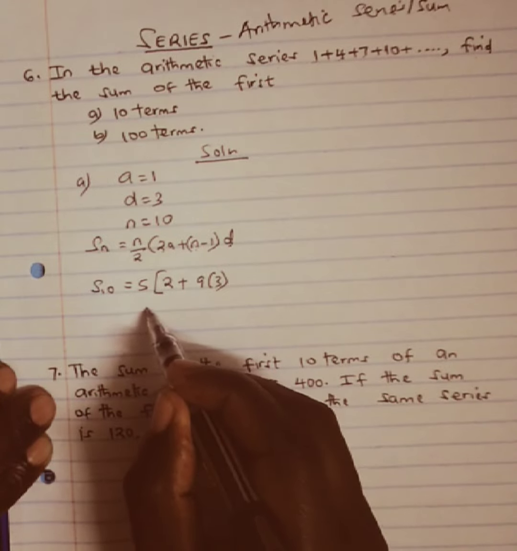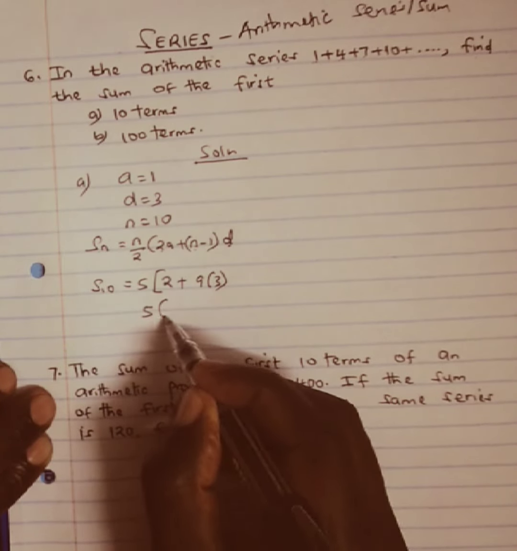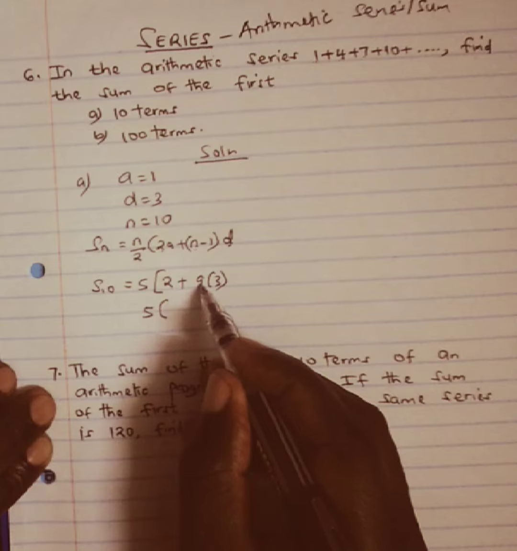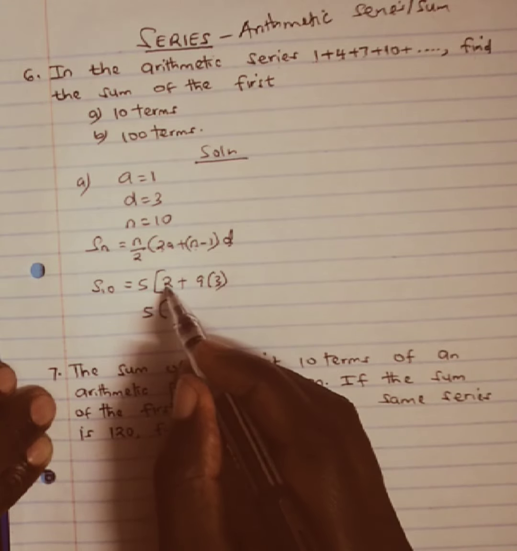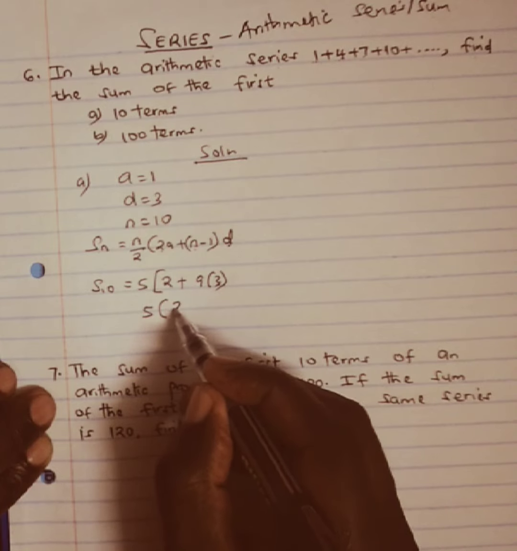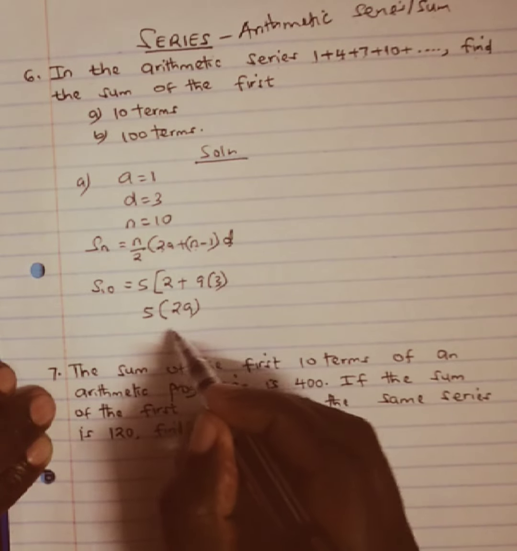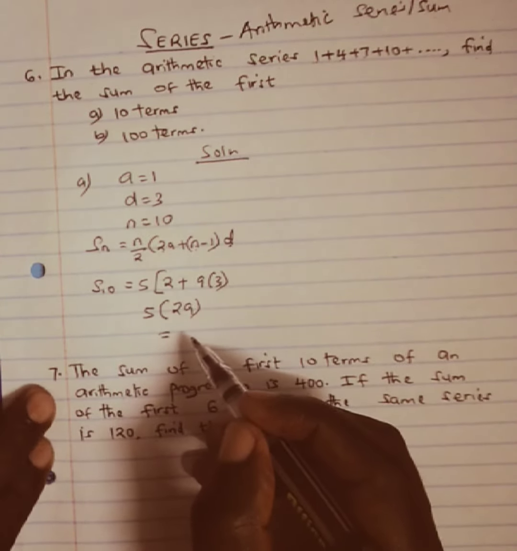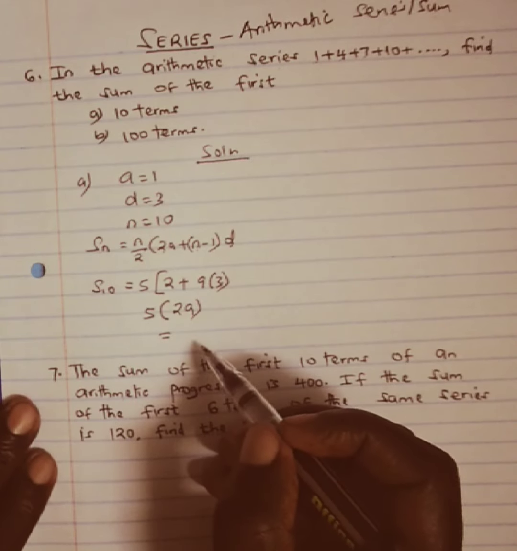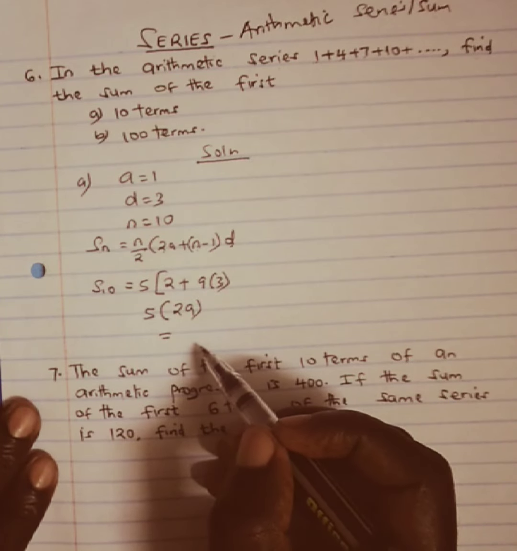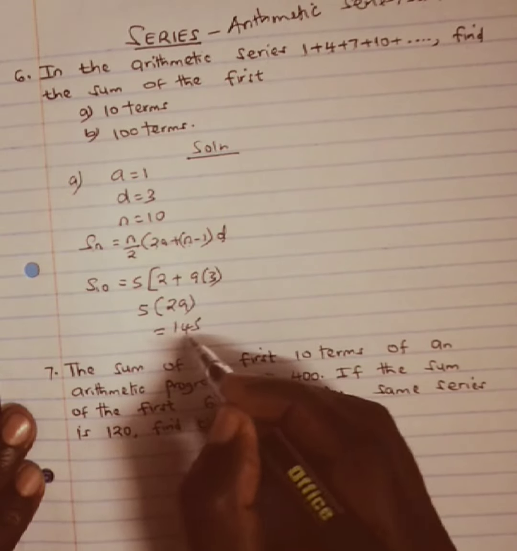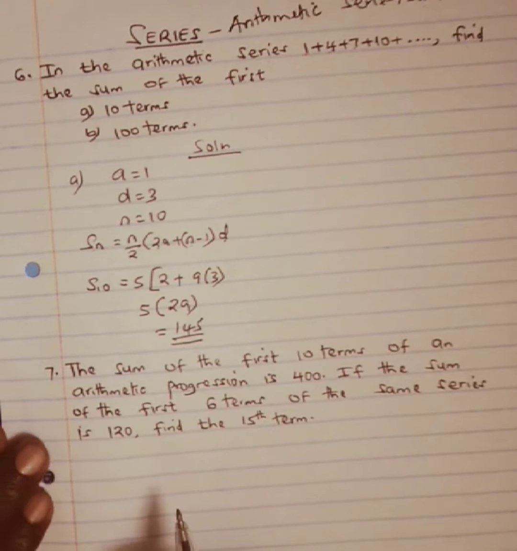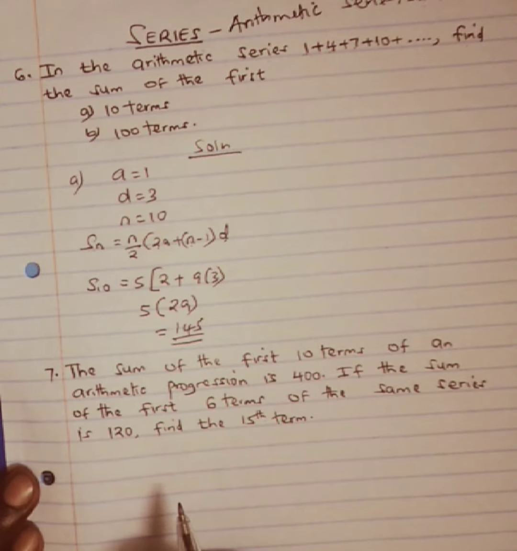From here, we are going to have 5 into, we have 9 times 3, which is 27, 27 plus 2 will give us 29, and if you take 5, you multiply by 29, this one is going to be equal to 145 as the sum of the first 10 terms.